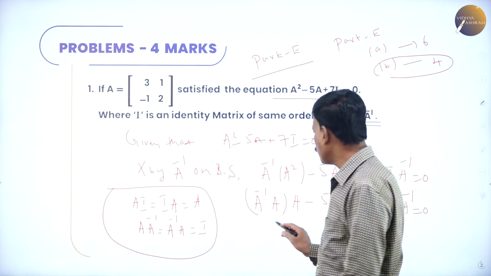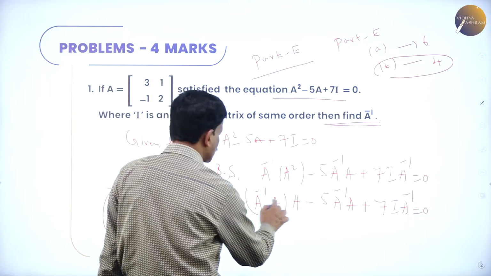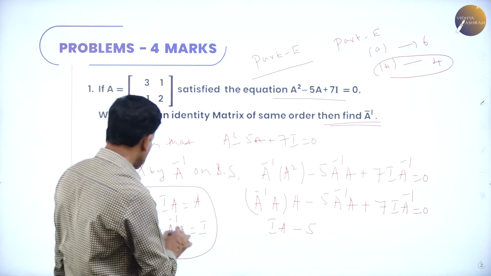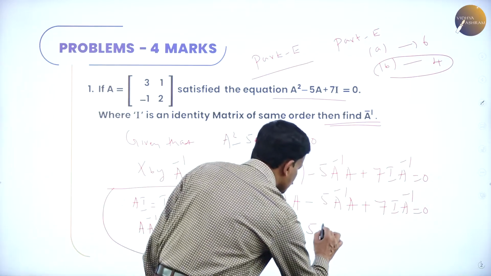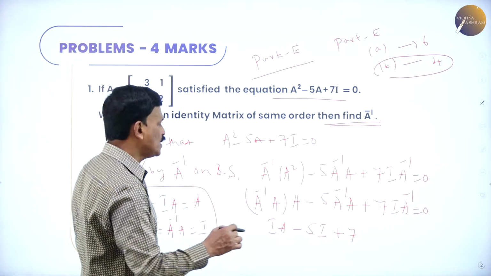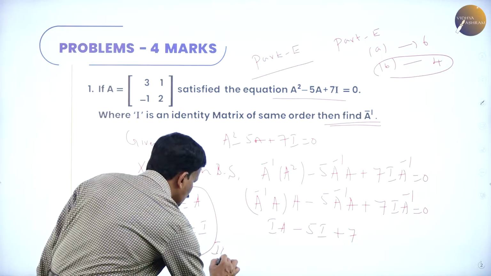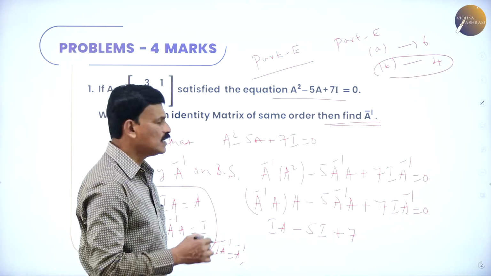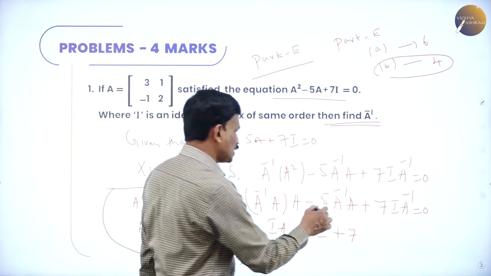Now using that property, A inverse into A is nothing but I, so I into A minus 5 times, again A inverse into A is also equal to I, plus 7 as it is, I into A inverse. I into A inverse is equal to A inverse itself. If you multiply an identity matrix with the inverse, you will get the same.